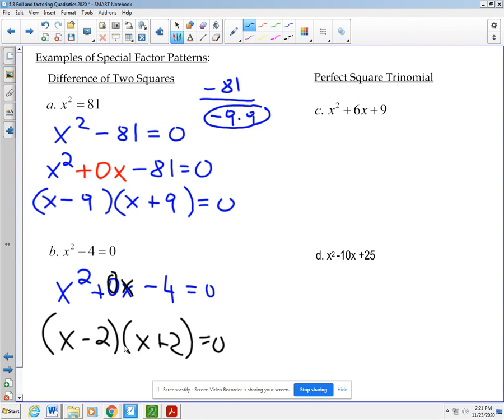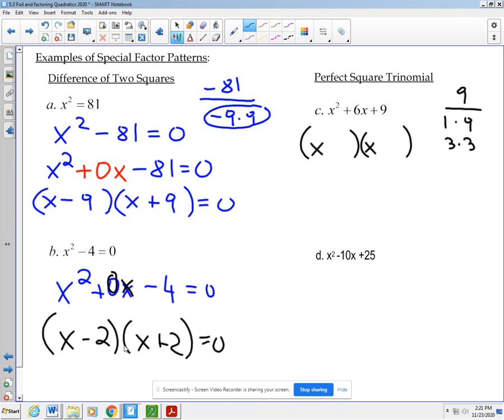Example C, perfect square trinomial. Think about 9. 9 is 1 times 9 and 3 times 3. So you get x, x. Which pair would you pick? If you pick 1 and 9, the sum would be 10. And again, the middle term is not 10x, it's 6x.